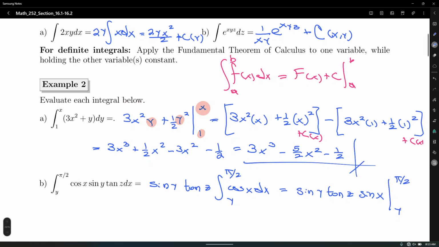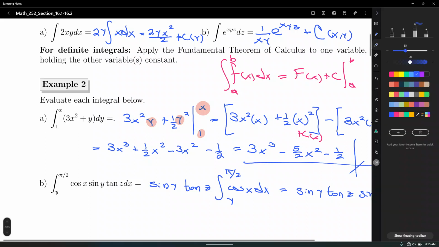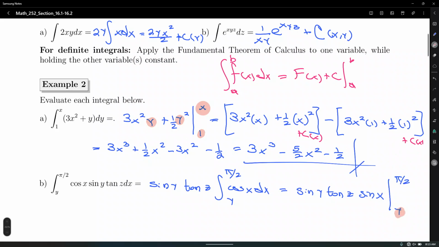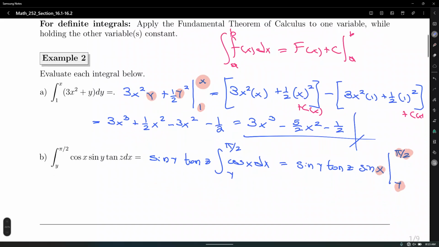And again, keep in mind that we're only integrating with respect to x. That means the limits of integration, y and pi over 2, are only applicable to the sine x function, or rather the function containing the x. All right, so let's see.